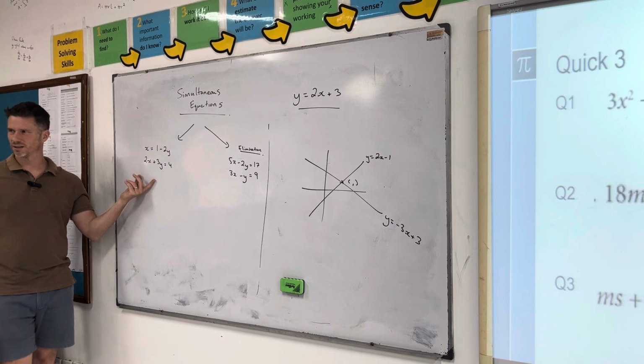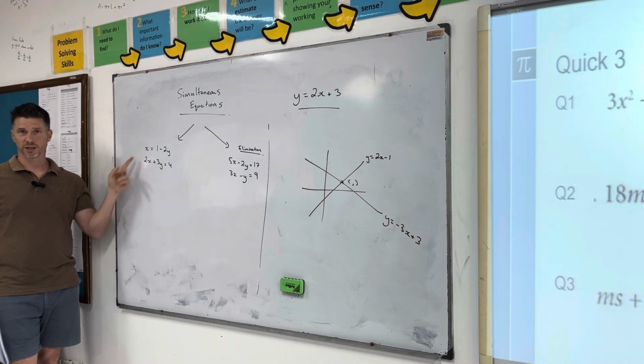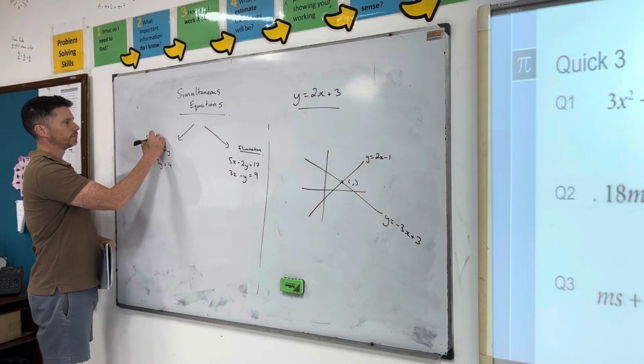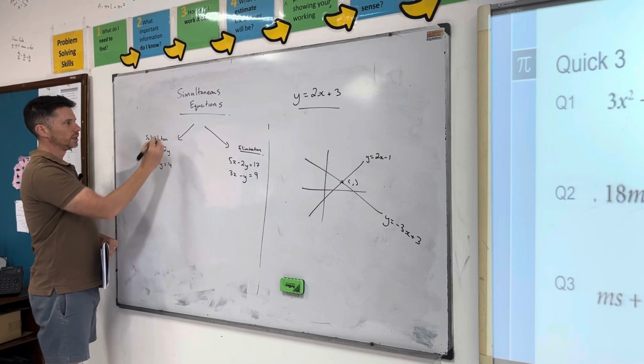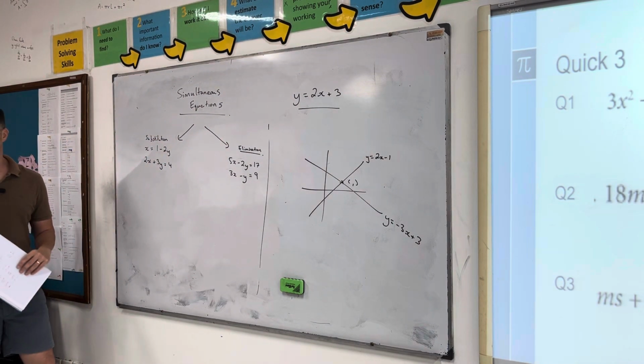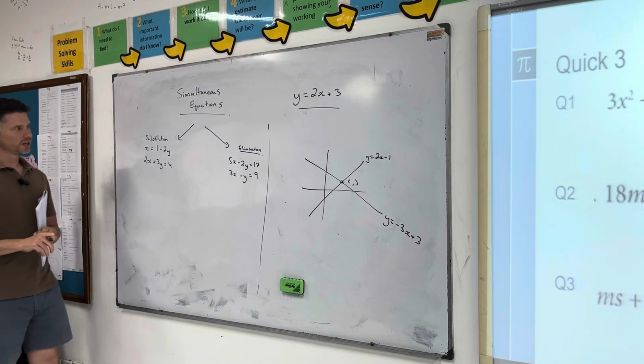This method, it has been rearranged. Yes, it's called the substitution method. I'm setting up here that you sub one into the other and you solve for one variable. I'll do this one first because it's probably the one you haven't done most recently.